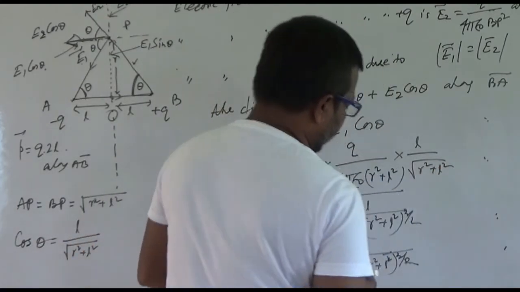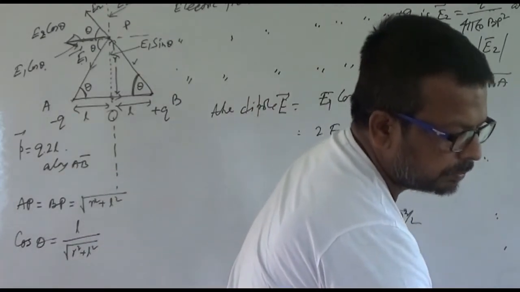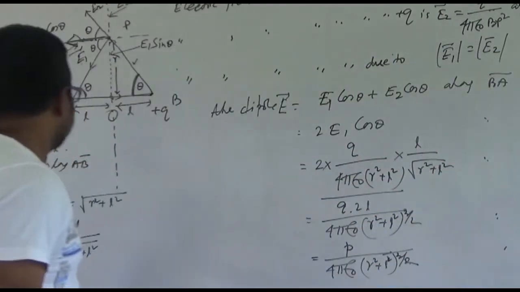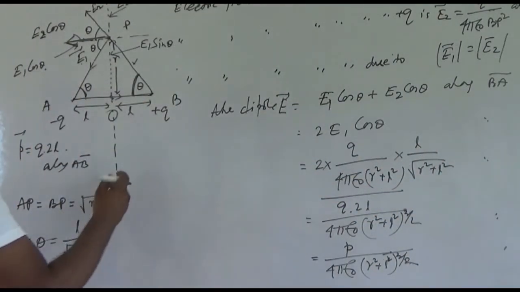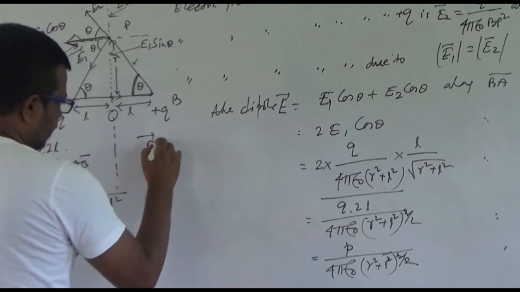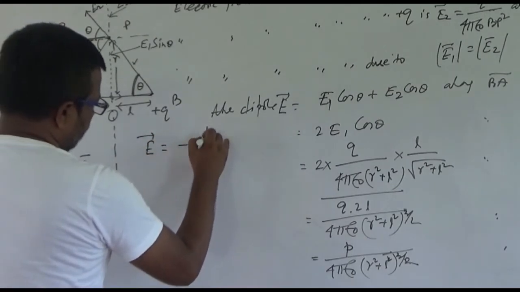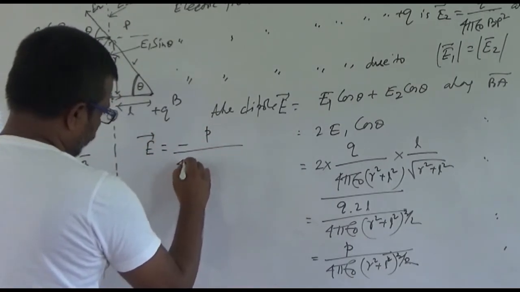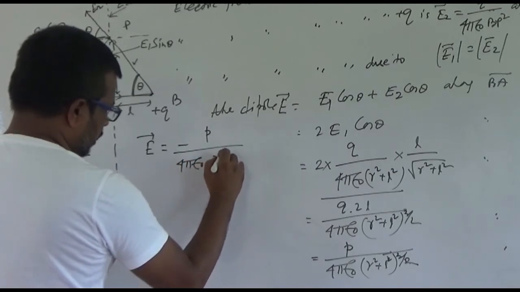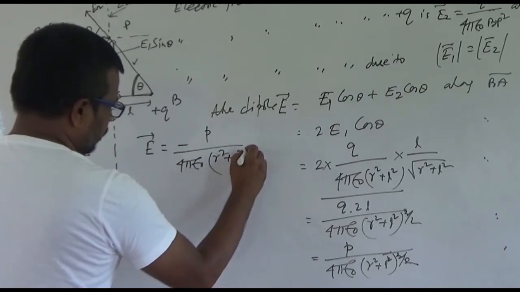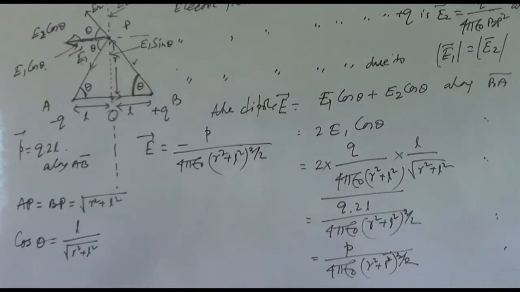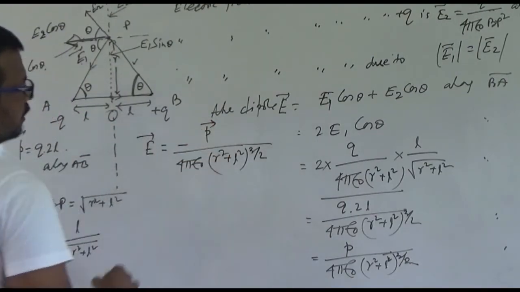Along BA means along minus P vector. That means we can write E vector is equal to minus P divided by 4 pi epsilon naught R square plus L square to the power 3 by 2, that is, minus P vector.